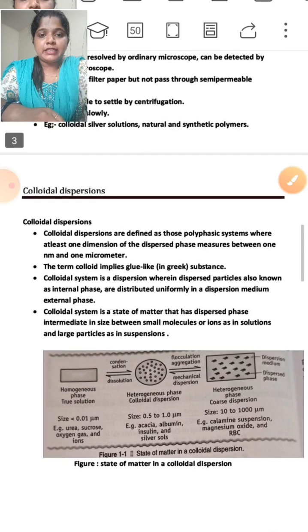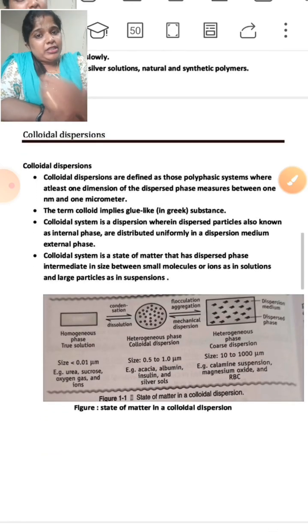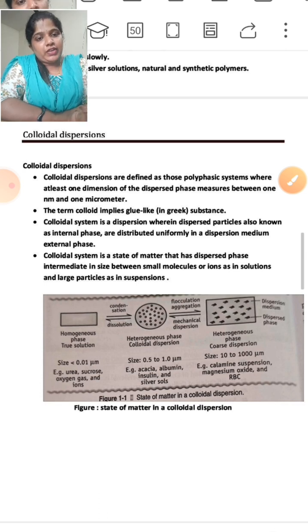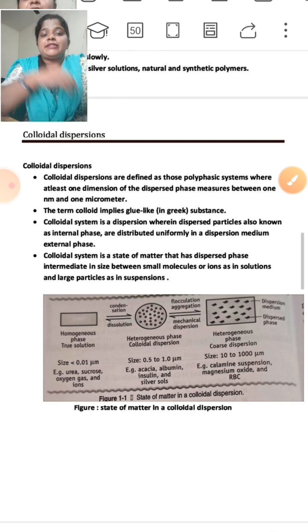And we will see in detail about the colloidal dispersions. Colloidal dispersions are defined as polyphasic systems, where at least one dimension of the dispersed phase measures between nanometer and micrometer range.